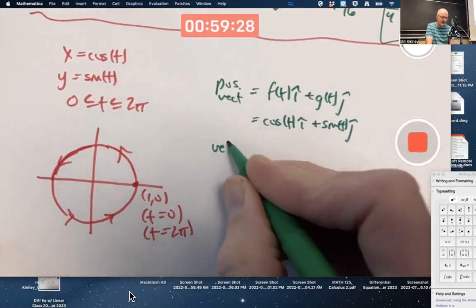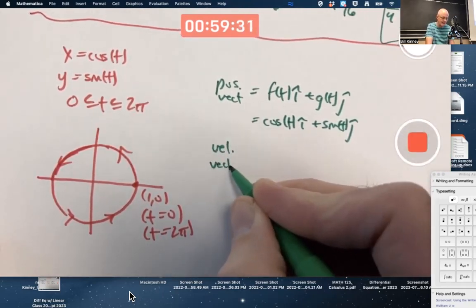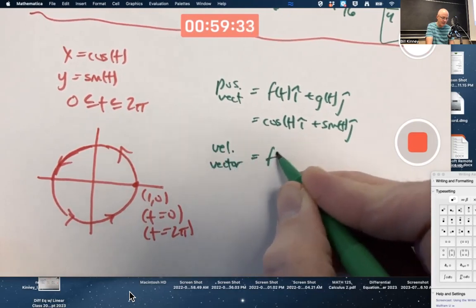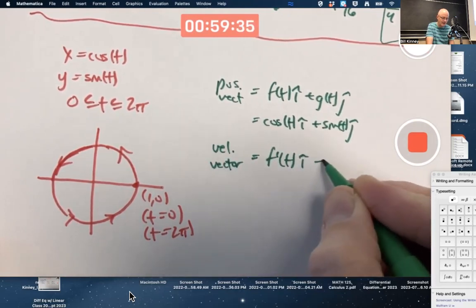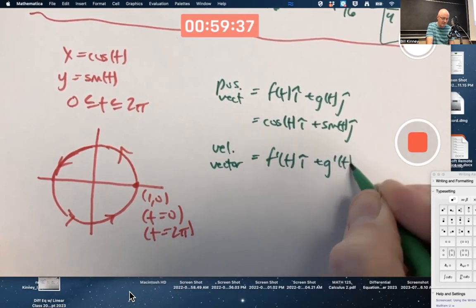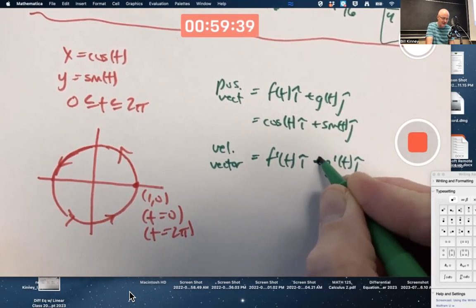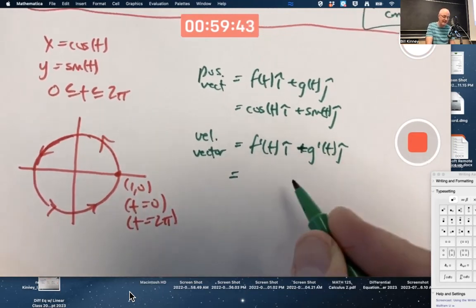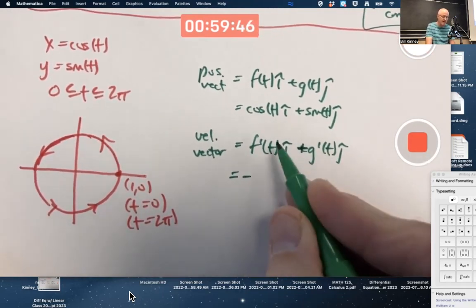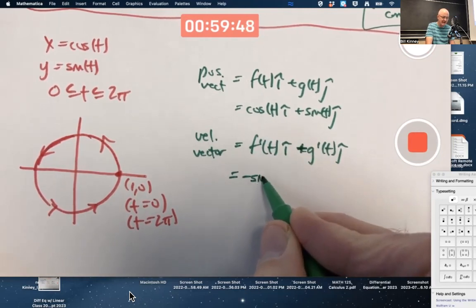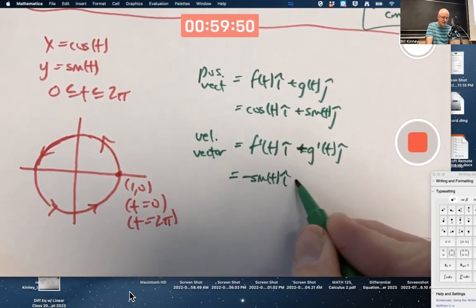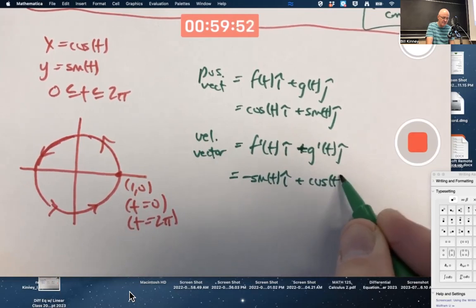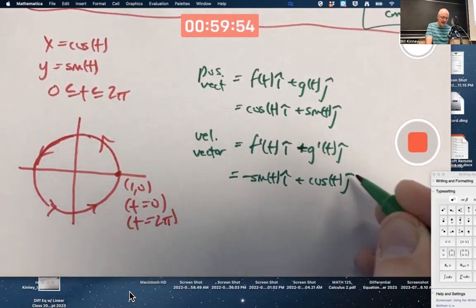What's the velocity vector? Differentiate each component. These things in front of the i hat and j hat are called components. F prime is negative sine t. G prime is cos t. Where is the velocity vector?